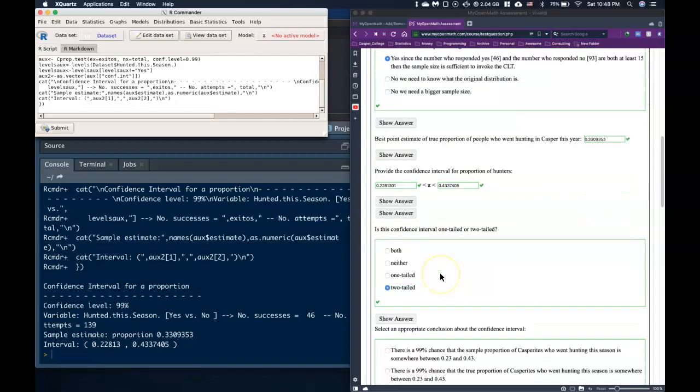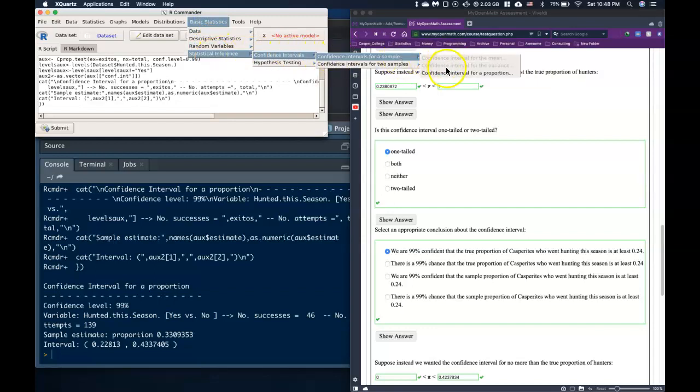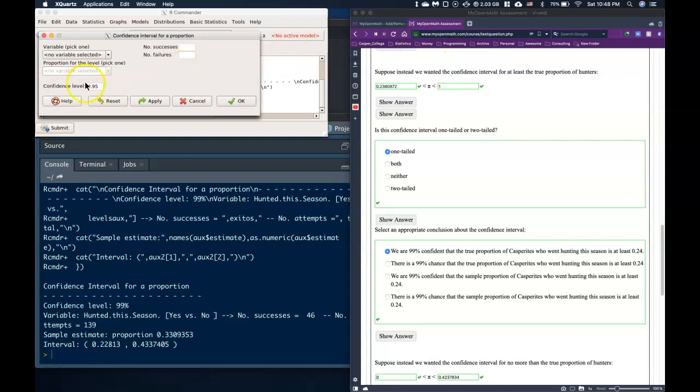Now, there is a way that we can make it give us our one-tailed proportions, so let me show you how. If we go to our intervals, we still select hunted this season, and we still select yes. The problem is that it doesn't give us an option for the one tail. Well, we can cheat, and what we do is double our alpha value.